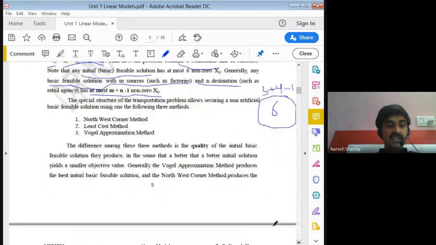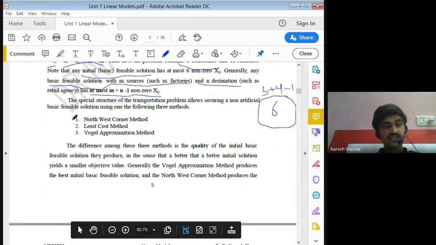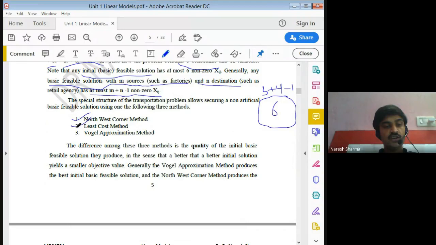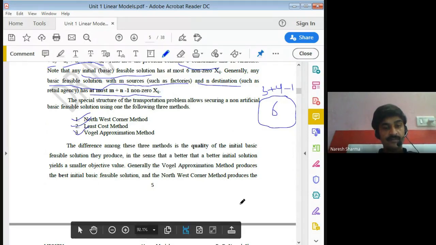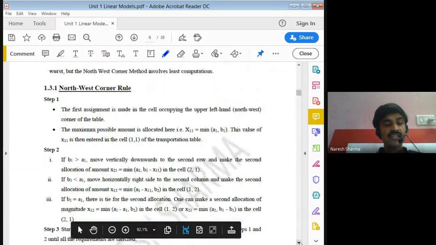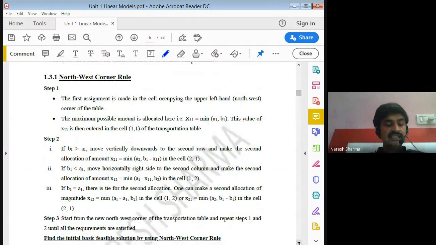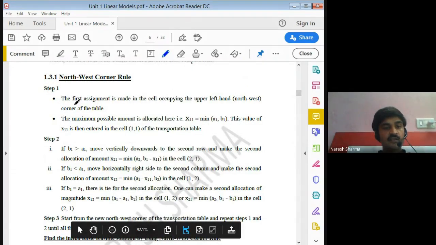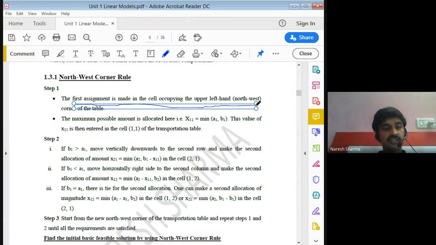Now we have the three methods for a basic feasible solution: northwest, least cost, and Vogel method. First we discuss the northwest rule. It has an algorithm. Step 1 says the first assignment is made in the cell occupying the upper left-hand corner of the table. So in the first cell of the table, we assign some value.